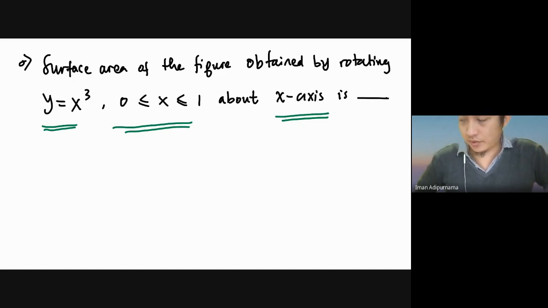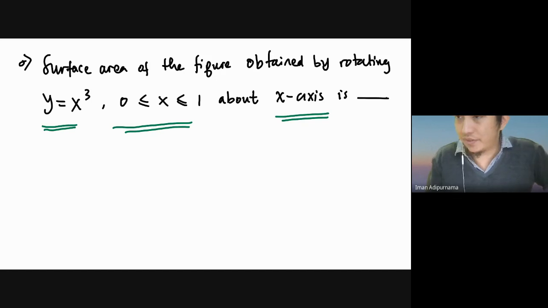If you rotate the curve of 1 over x about the x-axis over the infinite interval, there is some interesting idea behind the surface area, that when you calculate the volume and compare with the surface area, sometimes there is some different answer.